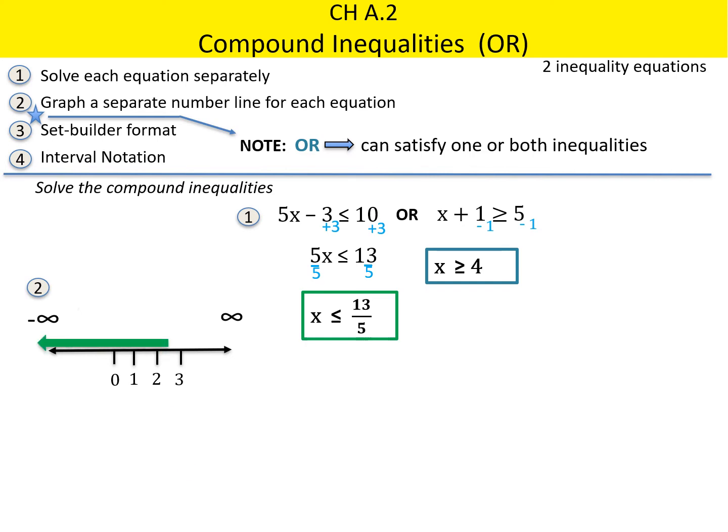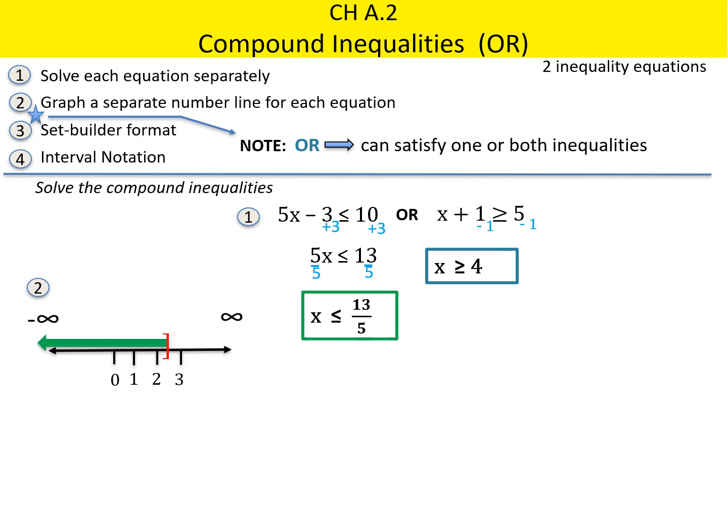Now we're going to show that it can be equal to the 13 over 5. And we have to either put a parentheses or a bracket. So it's equal, it's going to be a bracket.